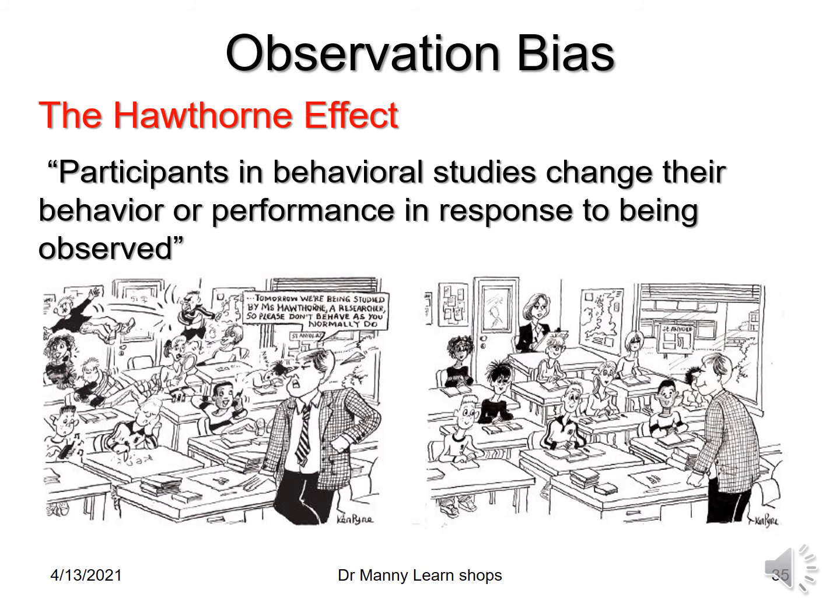Then you've got what is called observation bias, and this introduces the concept of the Hawthorne effect. Participants in a behavioural study may change their behaviour or performance in response to being observed. And from academics' perspective, this also can affect quantitative research. I mean, if the participants know they're being observed, they may perform differently.